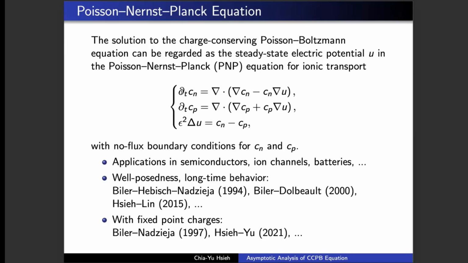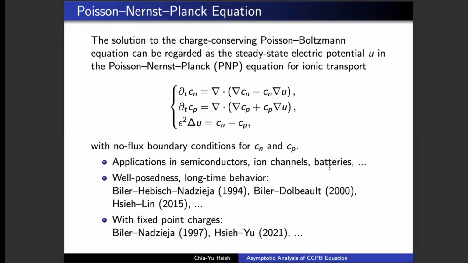And if we consider the time evolution, from the middle of the 20th century, the Poisson-Nernst-Planck theory was developed to describe the transport of charged particles. And since then, it has been applied to many fields like semiconductors, ion channels, batteries, and so on.